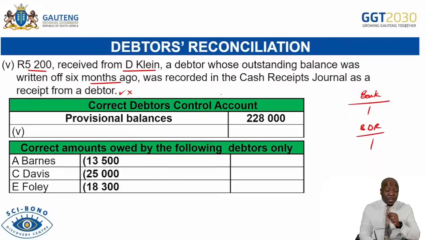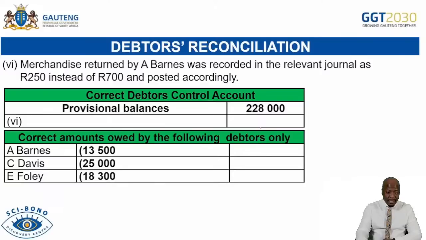But in this case, it was recorded in the CRJ as a receipt from a debtor. That means our debtor's control was incorrectly recorded. What did we do? We recorded an amount as if it's a payment from a debtor. Once it's a payment from a debtor, it decreases the debtor's control. Yet this does not affect our debtors. So we need to correct that one. So we come here, then we say plus 5,200.